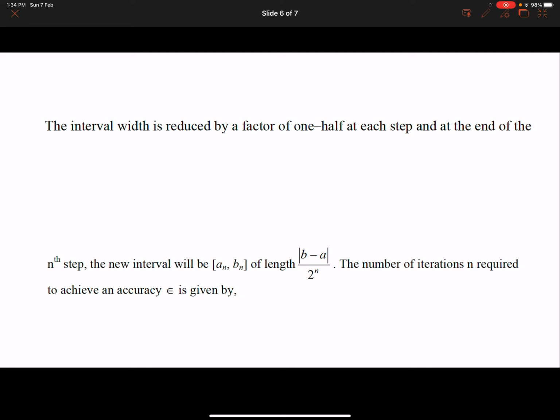In this case, the interval width is reduced by a factor of 1/2 at each step. So at the nth step, the new interval will be [an, bn], and the length of this interval at the nth step is (b - a) upon 2 to the power n. So the number of iterations n required to achieve an accuracy epsilon is now given by the following.